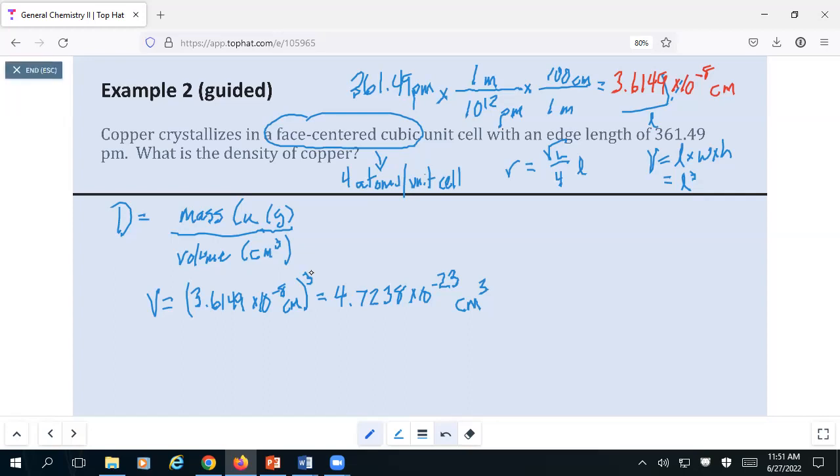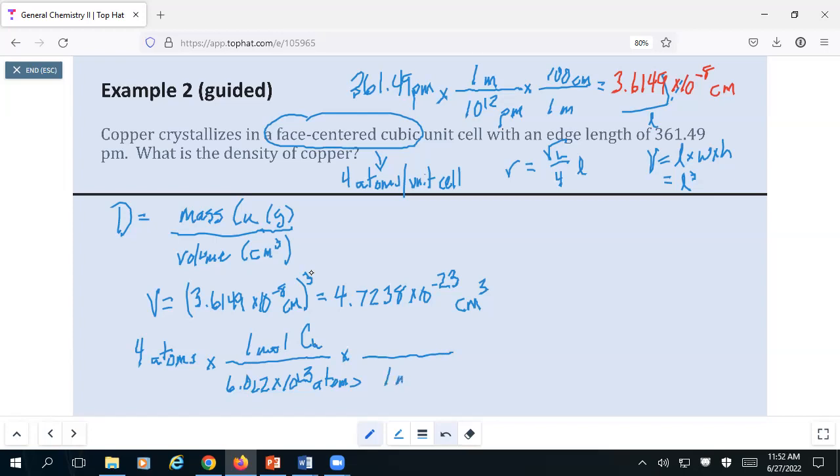And for this, we're going to need a calculation that you thought you had put behind in Chem 105. Conversions at the atomic scale. So 4 atoms of copper. There are Avogadro's number of atoms in 1 mole of copper.